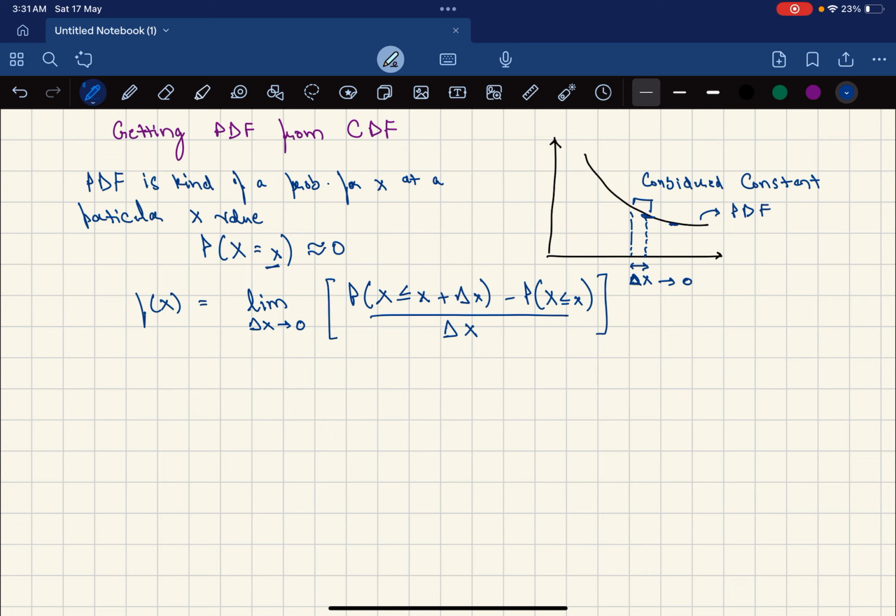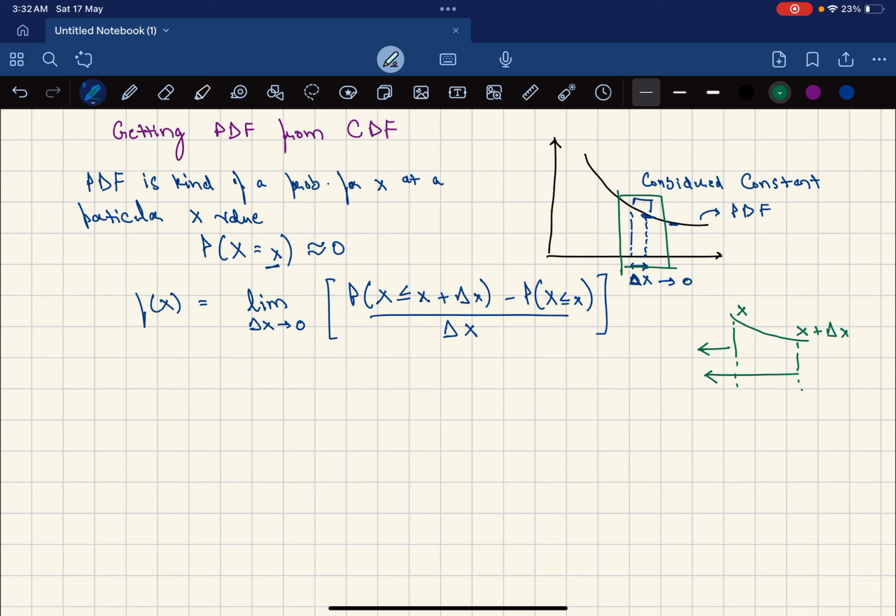So I'll just go through it in a more granular manner. Let's say we are trying to magnify this particular part of the curve. So let us say this is the magnified version where this is x plus delta x and this is x. These are the values on the x axis. Now if we are computing all the probabilities less than x plus delta x, we are essentially calculating the area to the left of this particular vertical line, and for the probability of X less than or equal to small x, we are calculating the probability to the left of this particular line.